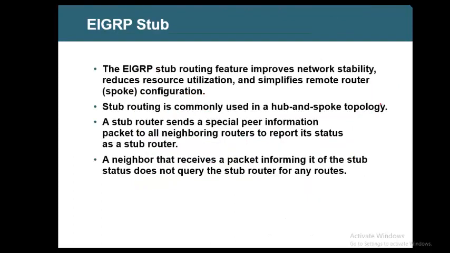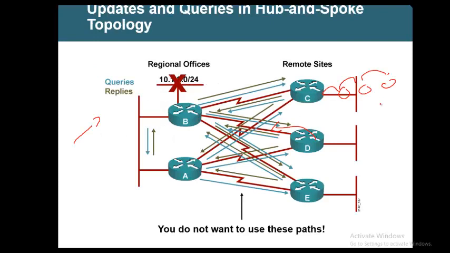So the solution is stub. So what does stub provide as a solution? How can this be solved? Very simple. All these routers need to tell B router and A router, A and B happen to be a hub.